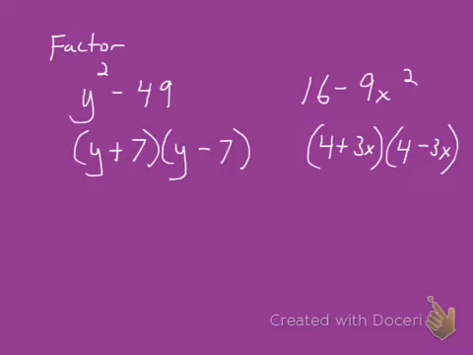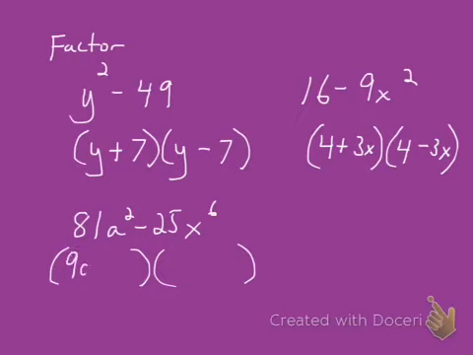Alright, what if we had 81a squared minus 25x to the 6th? Okay, 81 is a perfect square, a squared is, 25 is, x to the 6th is, because x to the 3rd times x to the 3rd gives you x to the 6th. So, let's break this down.